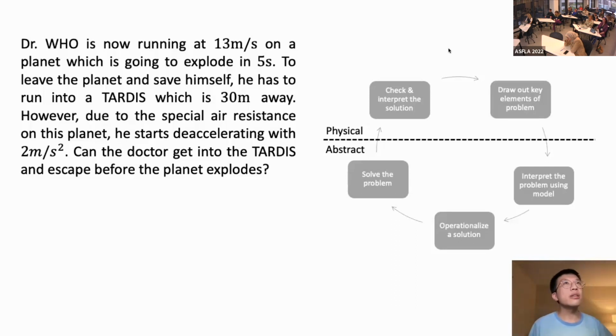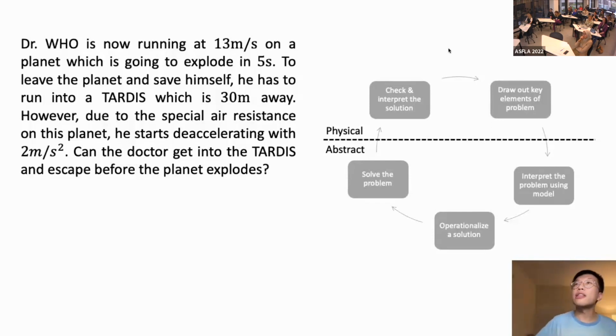But because of the air resistance on the planet, Doctor Who starts decelerating with acceleration 2 meters per second squared. Now the question is whether the Doctor can get into the TARDIS within 5 seconds and escape the planet before it explodes.